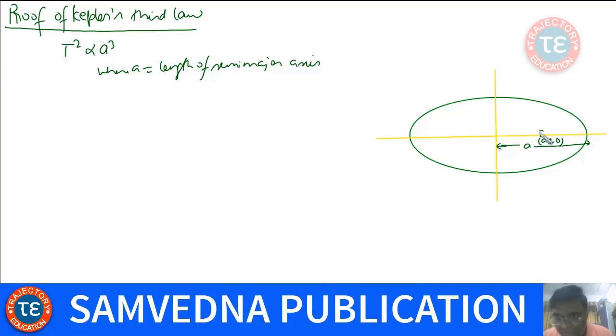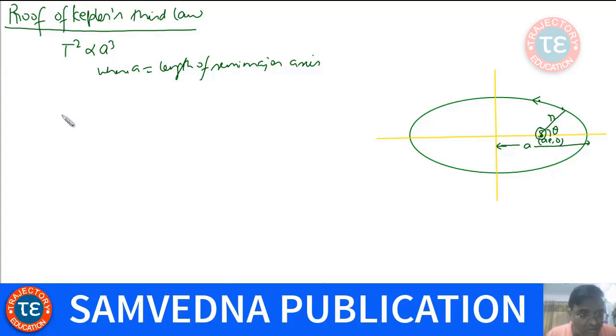Suppose the Sun is at this focus and the planet is moving around it. So r is measured from this focus. This is theta, this is r, and we have already derived the equation of motion of a planet around the Sun in plane polar coordinates with the focus as the origin.